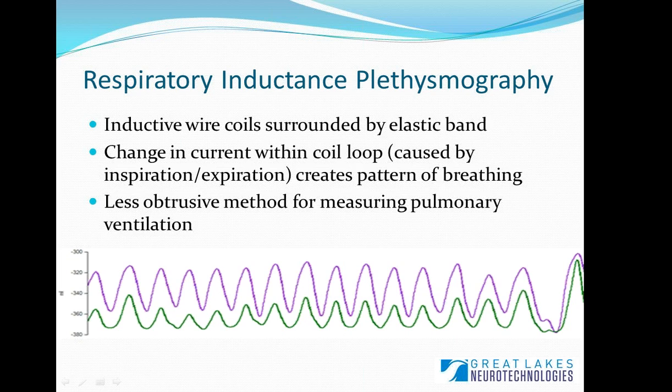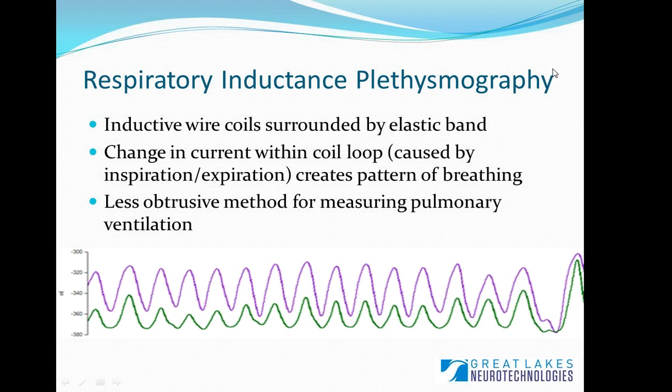The way RIP technology works is a current is delivered to those coils, and as the current within those loops changes, which is caused by inspiration, expiration, and movement of the chest and the abdomen, this is what creates a pattern of breathing, and that standard sinusoidal waveform that you might normally see in a healthy subject, similar to what I have down here on the slide.